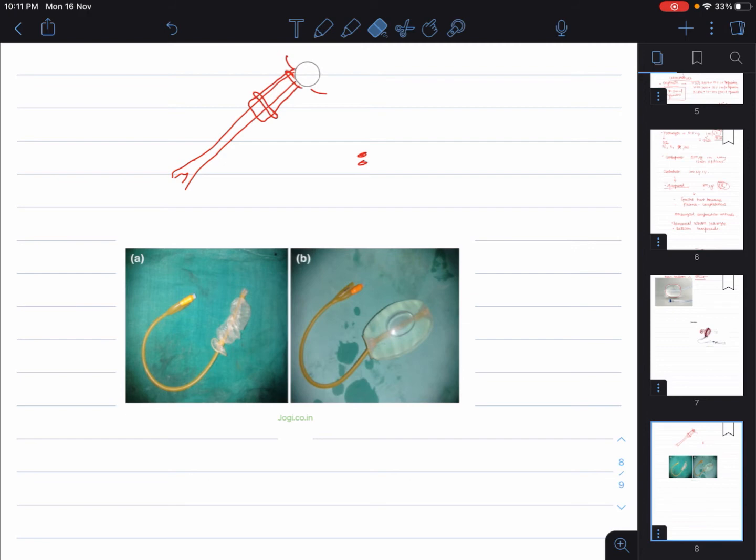So you have one tied over here and the other tied over here, and this is your condom catheter.